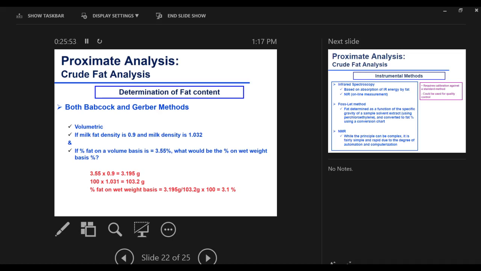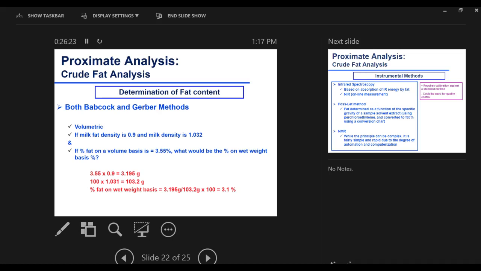So I need to convert 100 milliliters of milk to a weight. The density of milk is 1.032 grams per milliliter. So the mass or weight of milk equals the density 1.032 grams per milliliter times 100 milliliters.